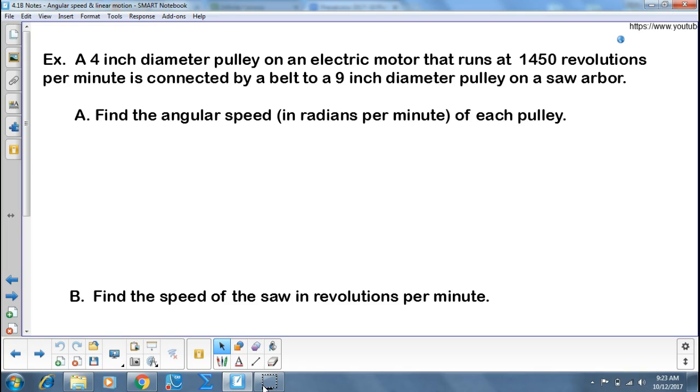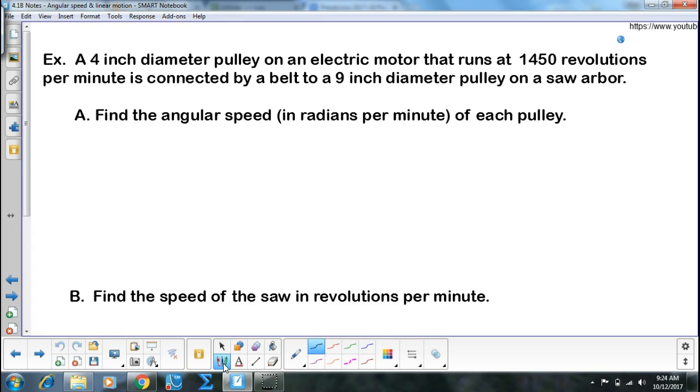If you have the 4.B worksheet, this is like the bottom one on that page, just so you know too. Okay. So, we've got a motor.